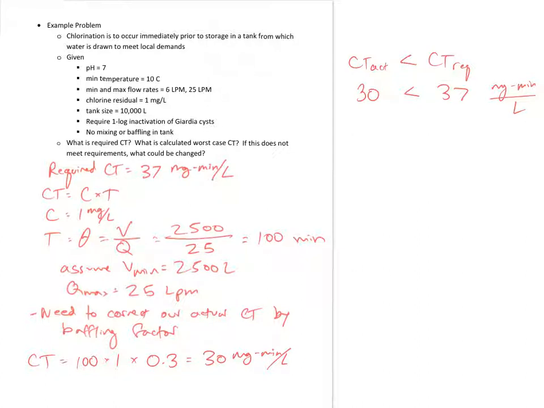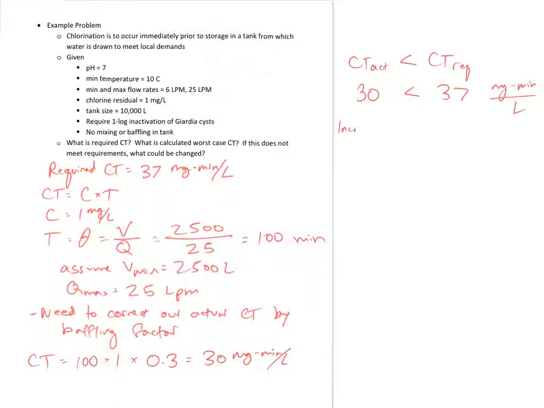And the problem asks, well, what could we change if we wanted to meet the required CT? So some ways, if we want CT actual to be greater than CT required, we can either increase CT actual or we could decrease CT required.